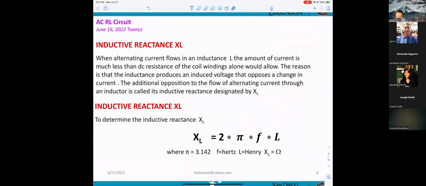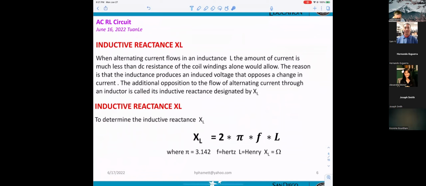Inductive reactance. When alternating current flows in an inductor, L, the amount of the current is much less than DC resistance of the coil winding alone would allow.